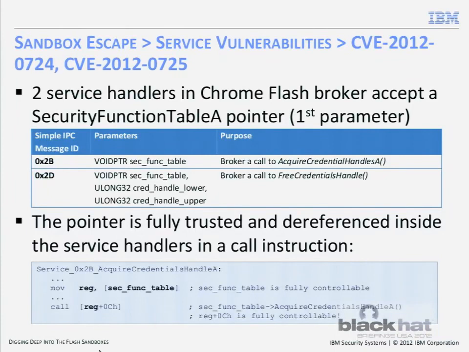With additional research on how to inject code in the broker process, and then leaking the stack address of the broker process back to the sandbox process, we are able to execute arbitrary code in the Chrome Flash Broker process. We will use one of these bugs in our sandbox escape demo later.